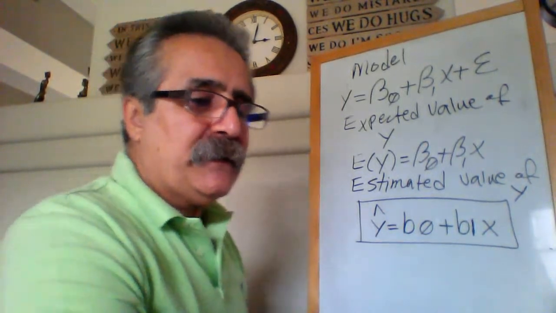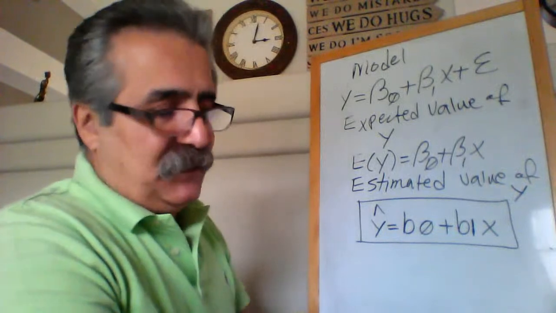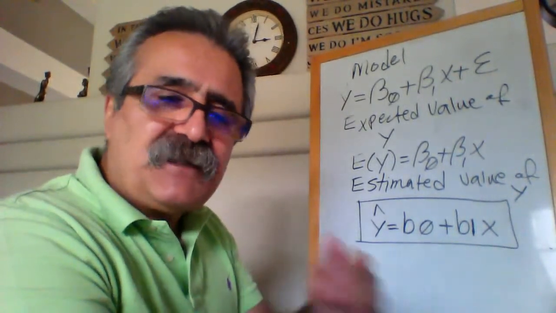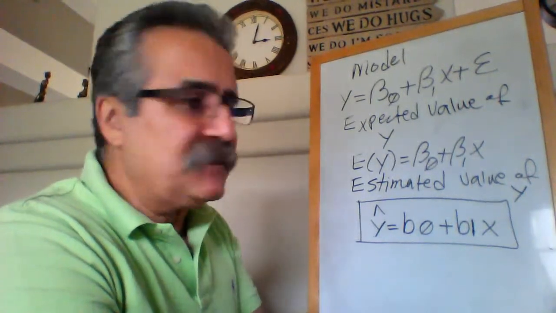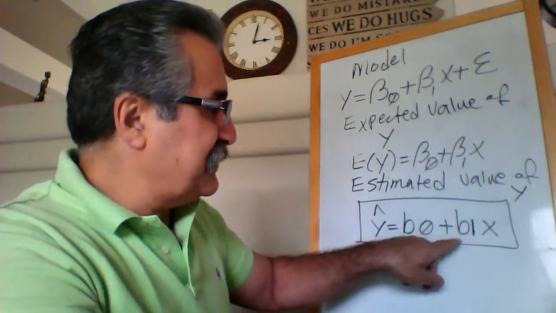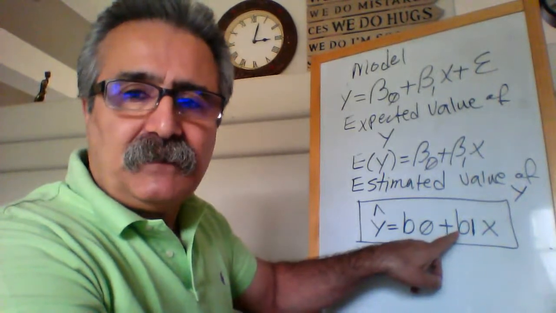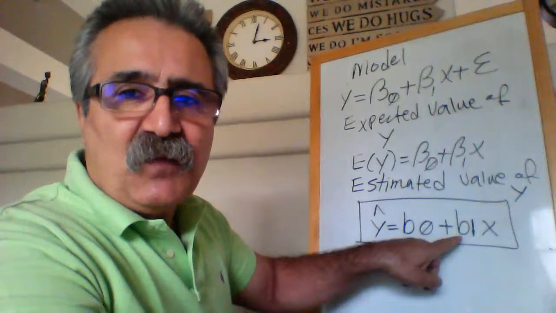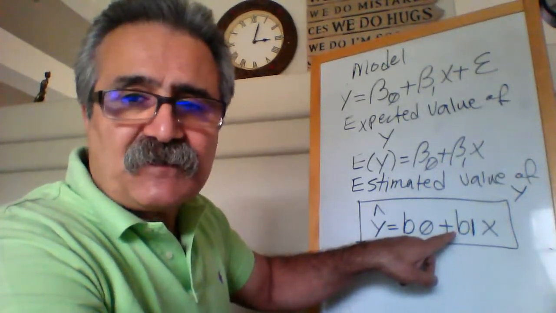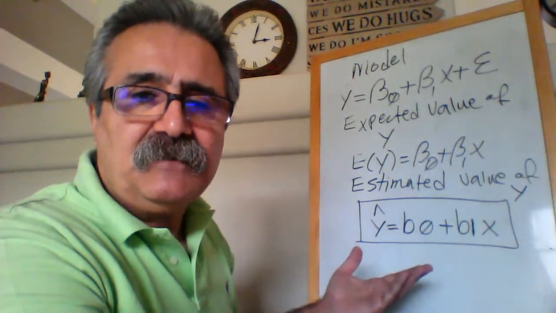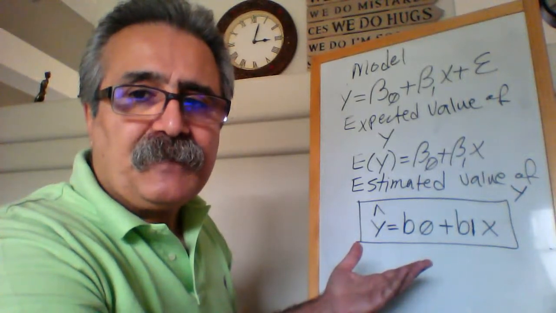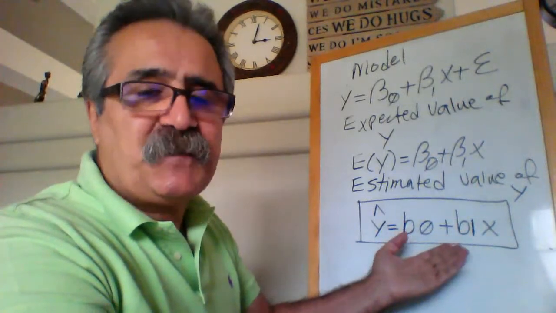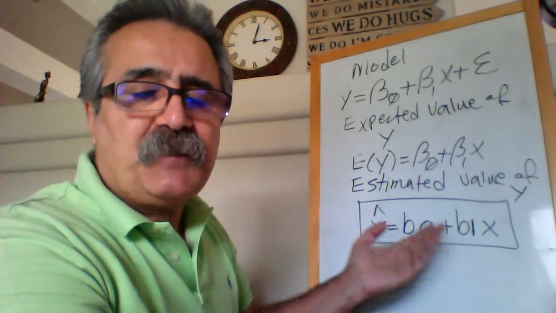Now, the whole idea at the end of covering this chapter is for us to be able to test. There's a test called t-test, to test for b1. Why? Because b1 is the slope. If b1 is 0, that means there's no slope, so there's no relationship between the two. If b1 is positive, then there is a positive relationship.